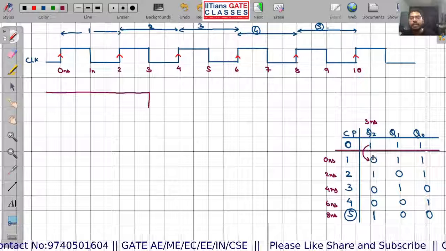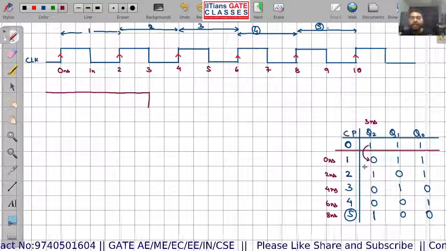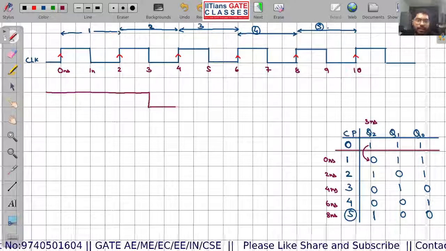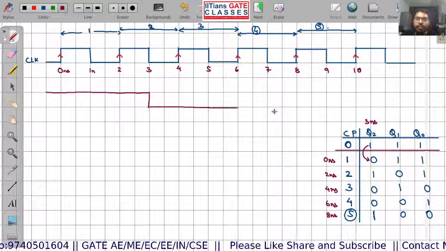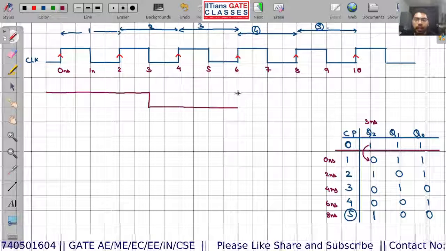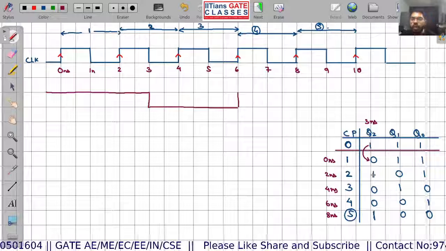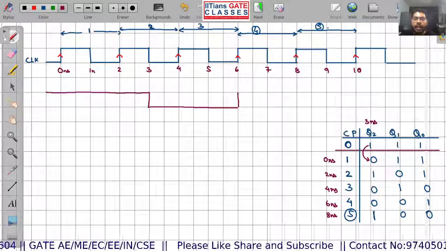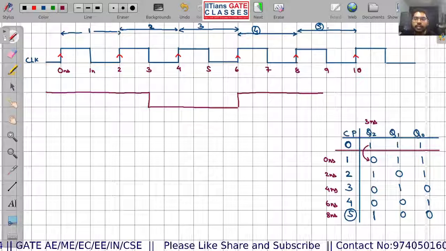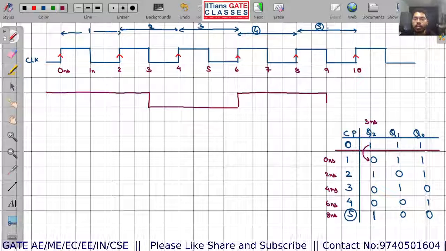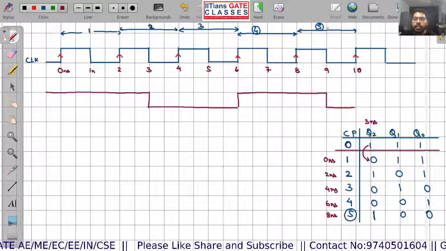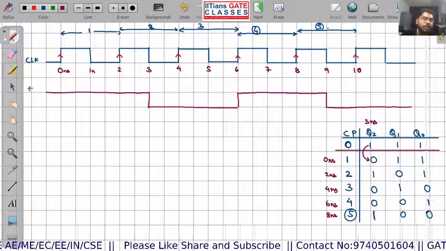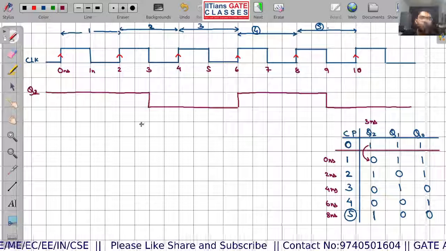But here this is the delayed version, 3 nanoseconds. So after 6 nanoseconds it will convert back to 1. Now after how many nanoseconds does it go back to 0? Again after 3 nanoseconds this will go back to 0. So this is your delayed version of Q2.